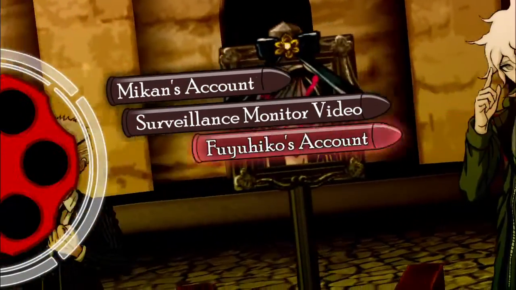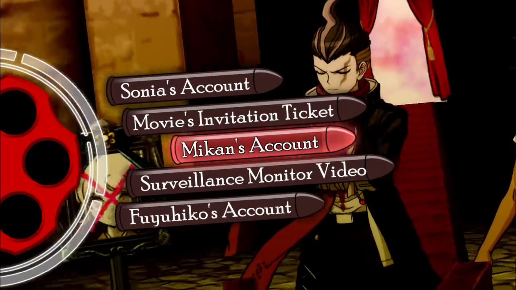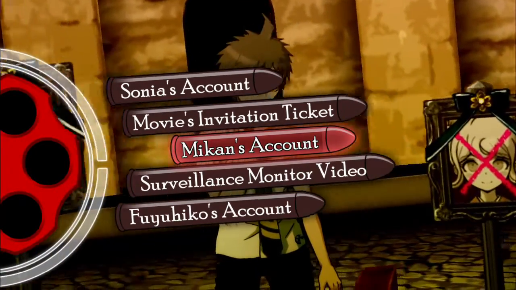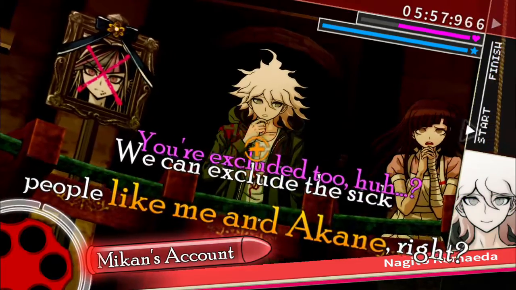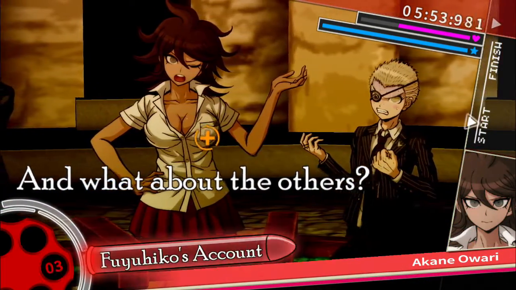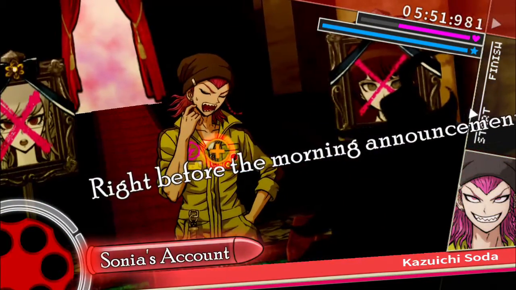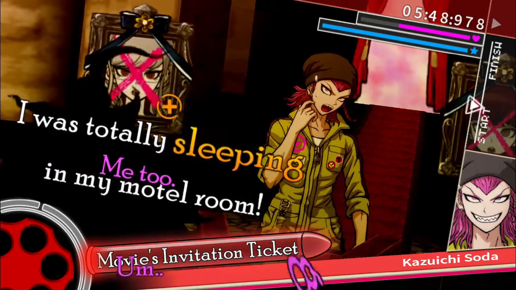Oh god, Mikan just became a suspect in my mind. We can exclude the sick people like me and Akane, right? And what about the others? Right before the morning announcement, I was totally sleeping in my motel room.